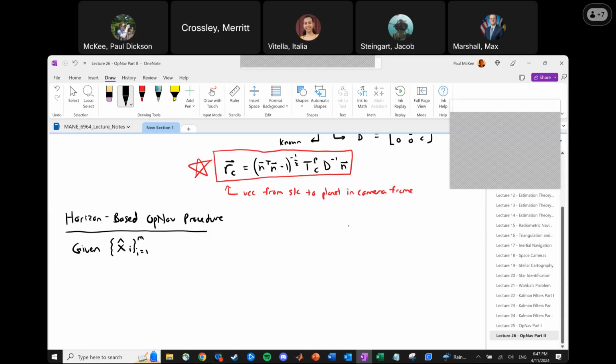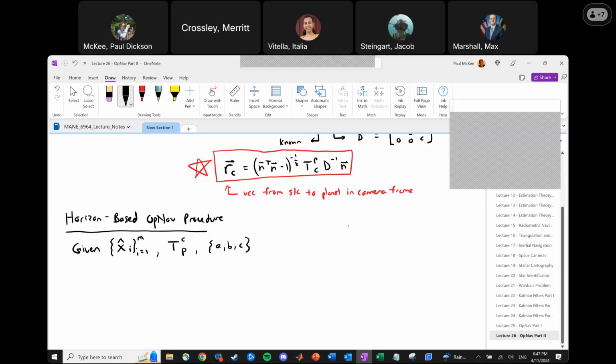So this is given m, as in Mike, horizon points in the image plane. We're also assuming that we know the attitude transformation matrix from the camera frame to the principal axis frame. That is to say, we are not solving for the relative attitude of the planet and the spacecraft. And then we also assume that we know A, B, and C, which are the planet shape parameters.